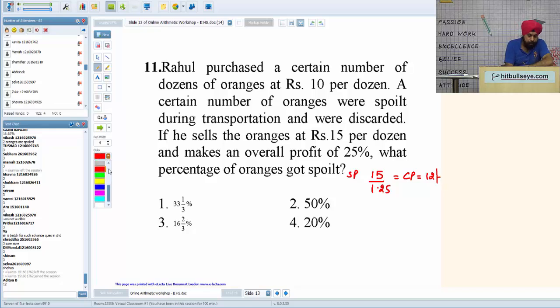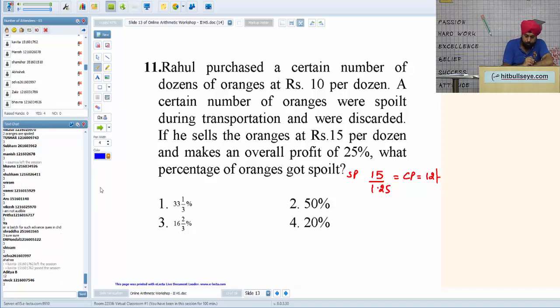Now just apply allegation, students. The cost price of the apples which are perfect is 12 rupees. The price of the apples which are of no use is 0 rupees. And on the whole, you have the average price at which you bought them, at the rate of 10 rupees.